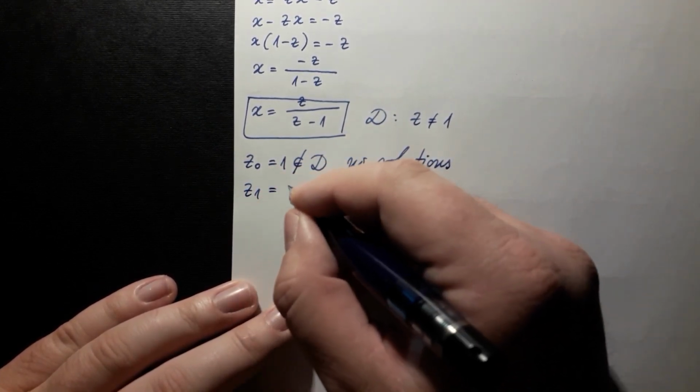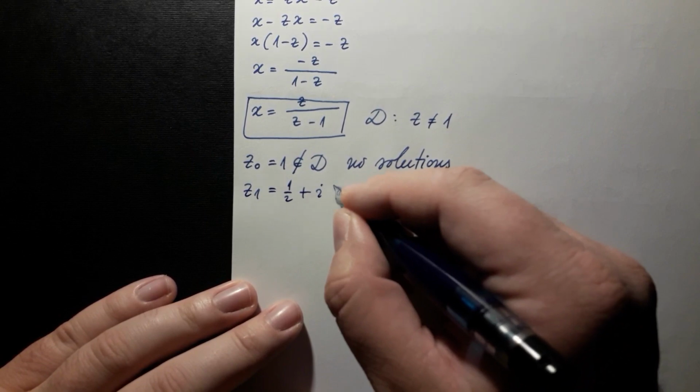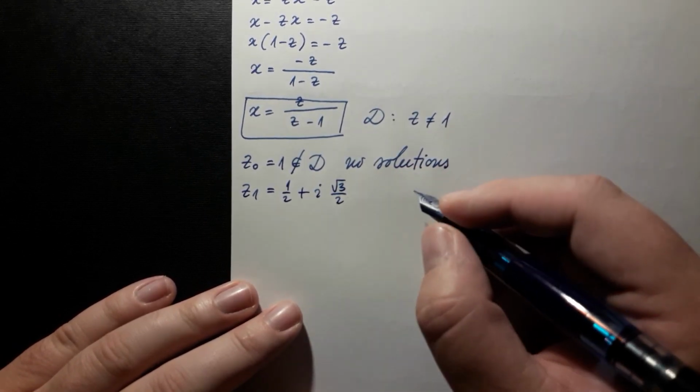z1 was equal to 1/2 plus I square root of 3 over 2.